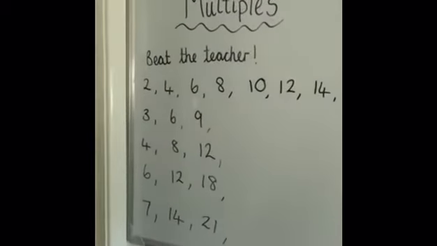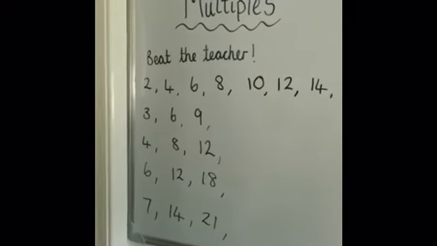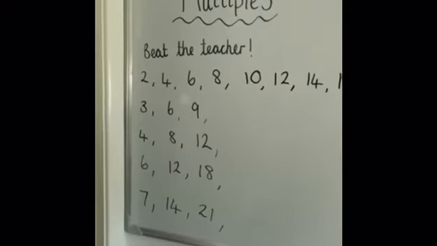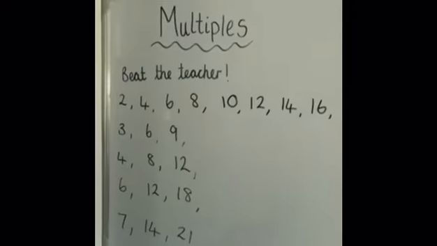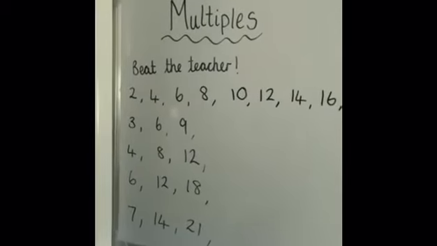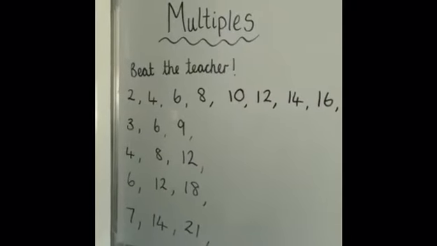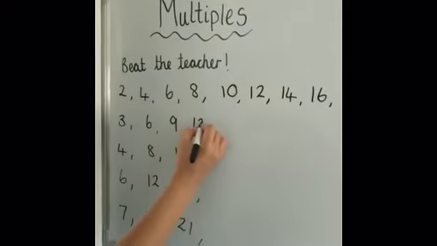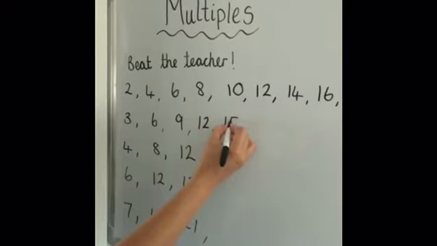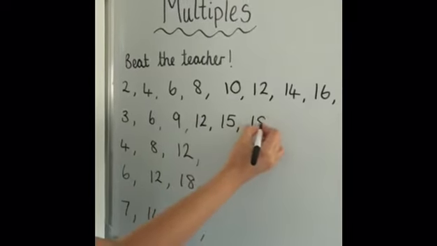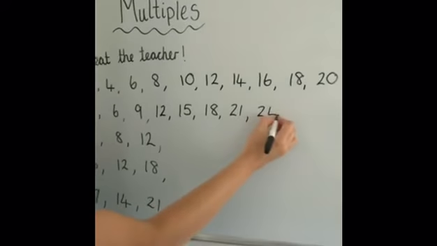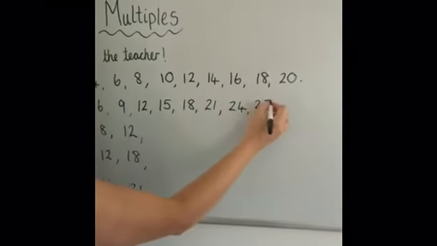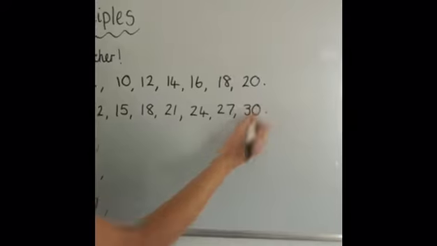Okay, on to the next one, our 3 times tables. I've started off with 3, 6, 9. I want you to list the first 10 multiples of 3. See if you can beat me. Ready, set, go! And stop.